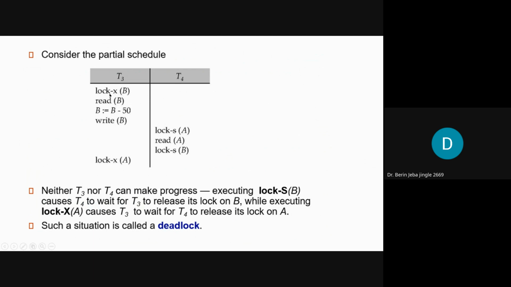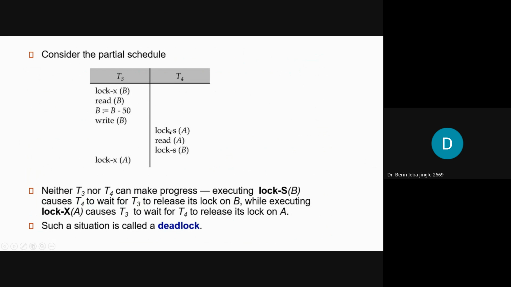So lock X of B, read B, then B equals B minus 50 rupees, then write B, updating. Until it releases the lock after the update, the other transaction cannot use this B. Now lock S means it can only read.